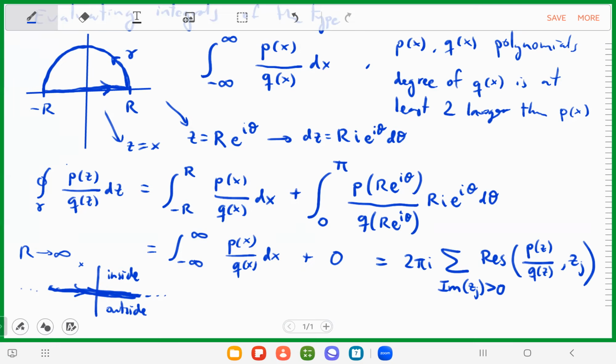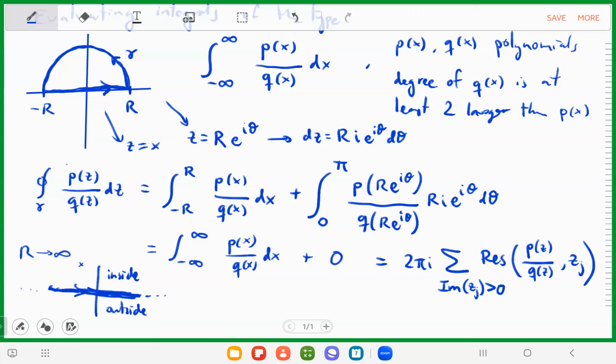And of course, since p and q are polynomials, we would expect the singularities of p divided by q to be the zeros of the denominator. But we have to find the order of the singularity, or the pole. This will always be a pole. The order of the pole will depend not just on the order of the zero of q, but on the order of the zero of q relative to p.